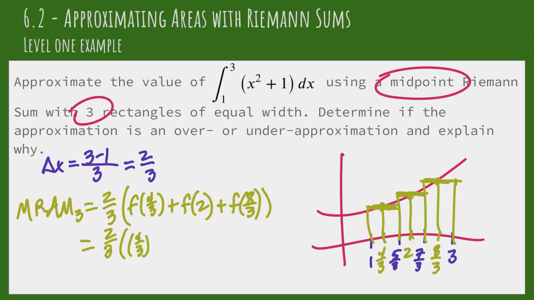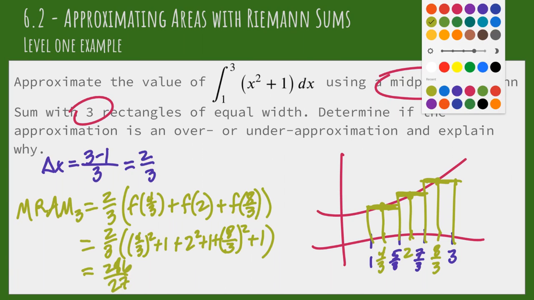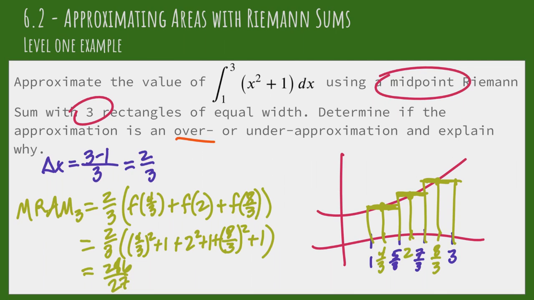We're going to have (4/3) squared plus 1, plus 2 squared plus 1, plus (8/3) squared plus 1. So this is f of 4/3, f of 2, and f of 8/3. And that simplifies to give us 286 over 27.